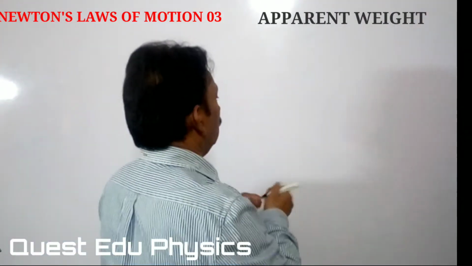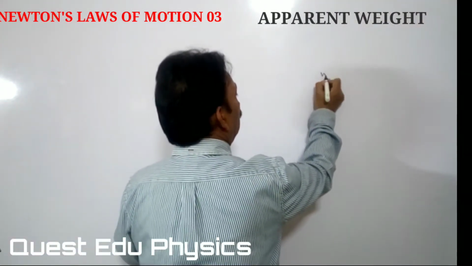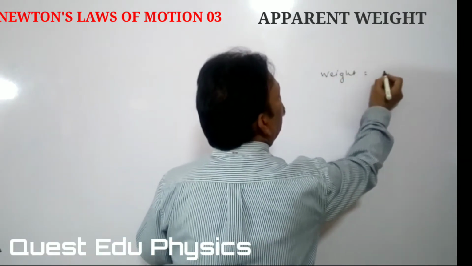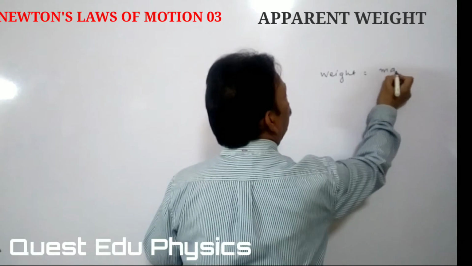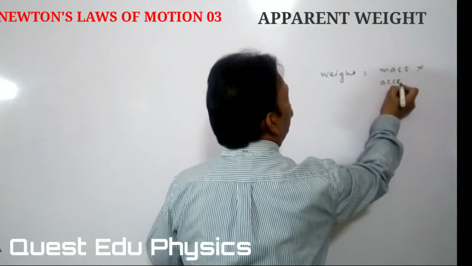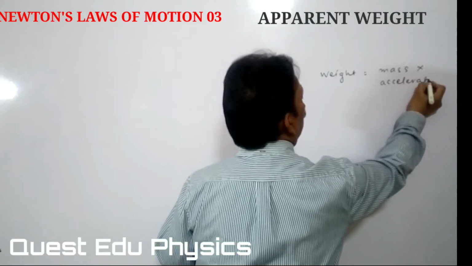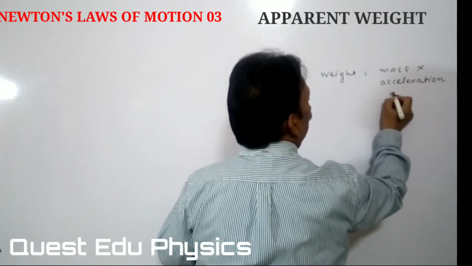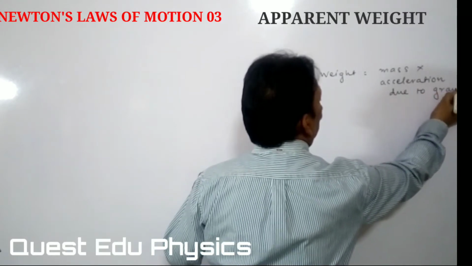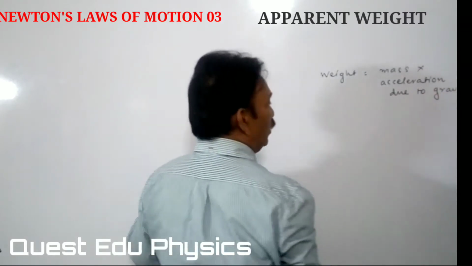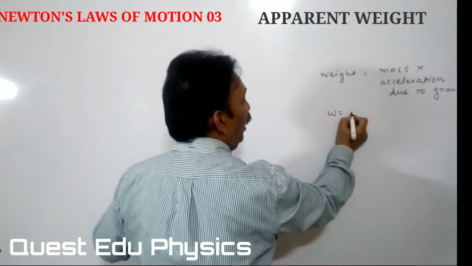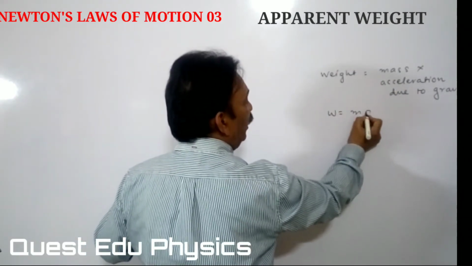And you know that weight is the product of mass and acceleration due to gravity. Students, if it is shown with the letter W, you can write it as mg.